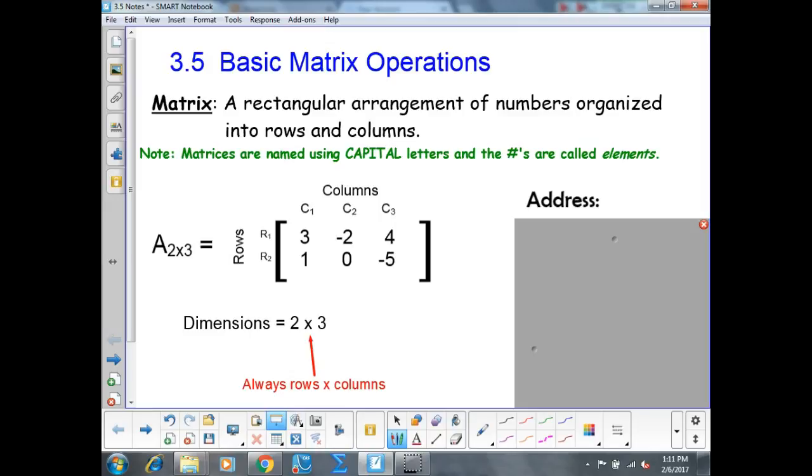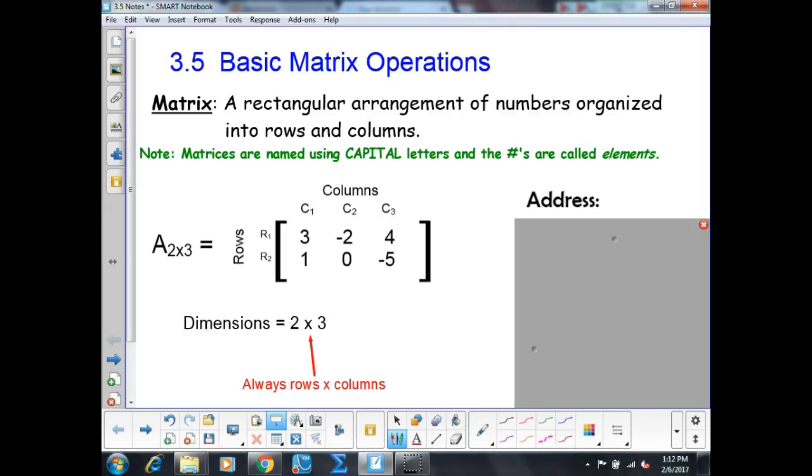Okay? Each of those individual numbers are called elements. Okay? So matrix A has 6 elements that make up its matrix.